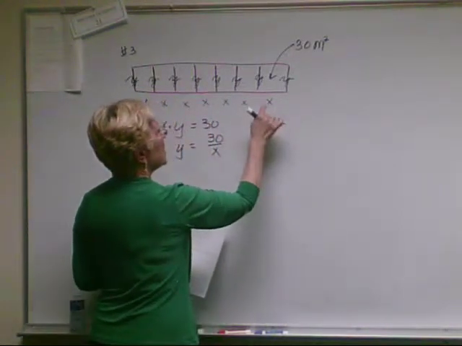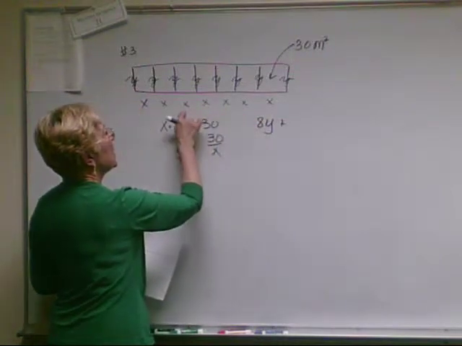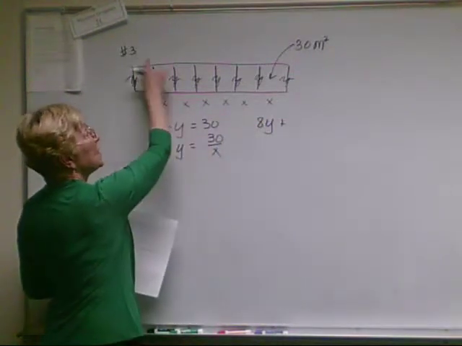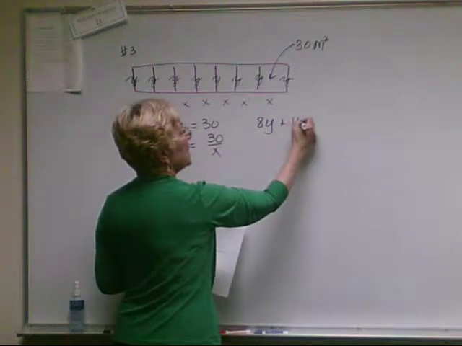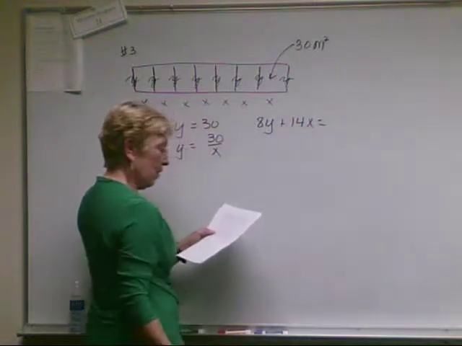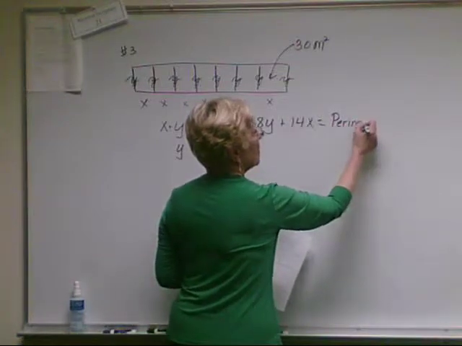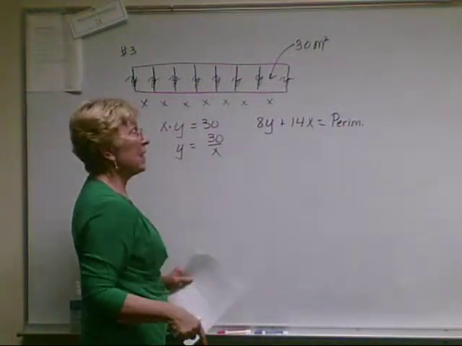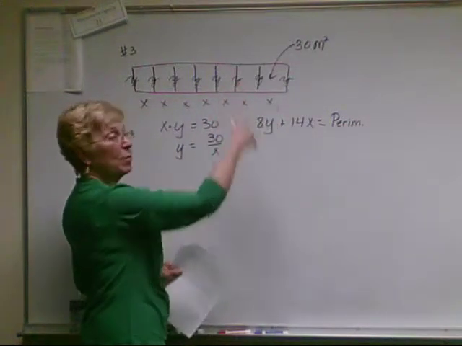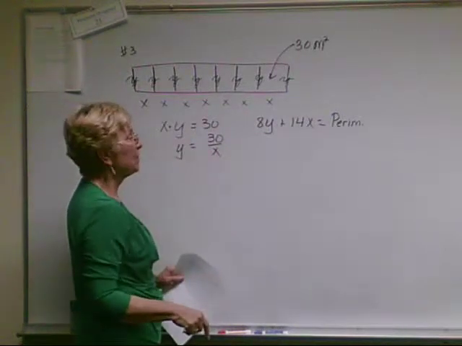And I'm going to have x's 1, 2, 3, 4, 5, 6, 7, plus the other side, so 14x, and I call that my perimeter, meaning the amount of fencing I need to go around the perimeter and enclose each animal.